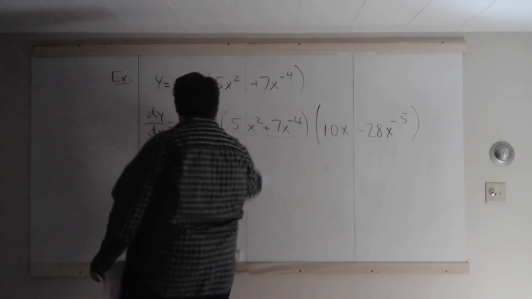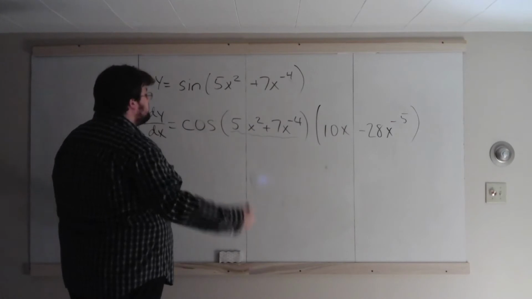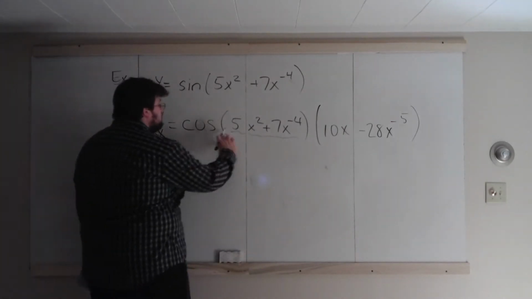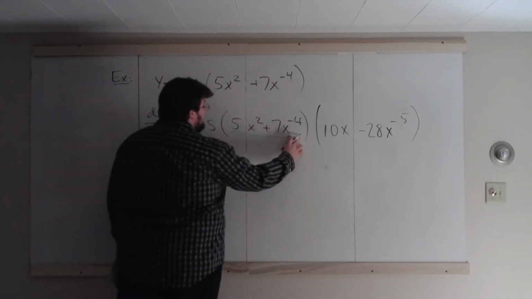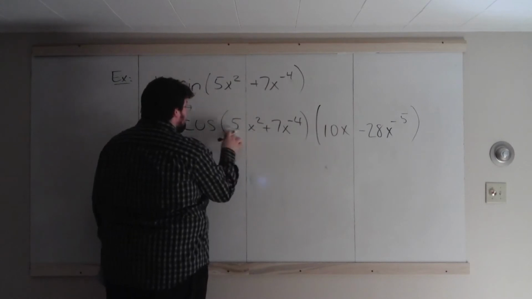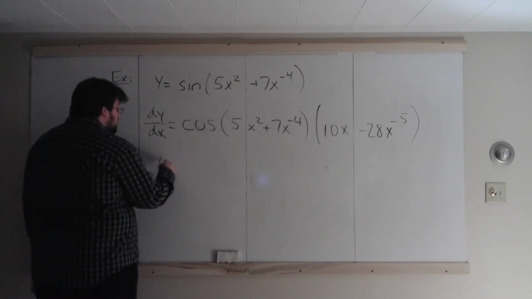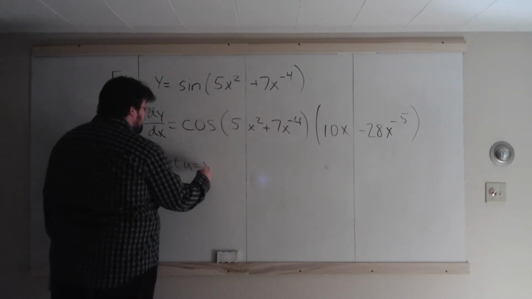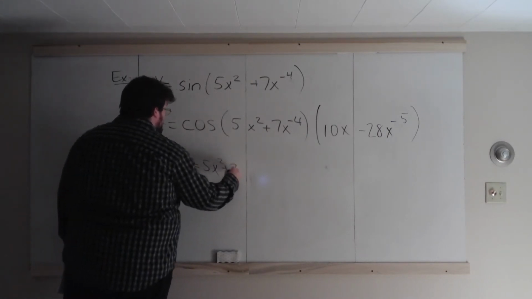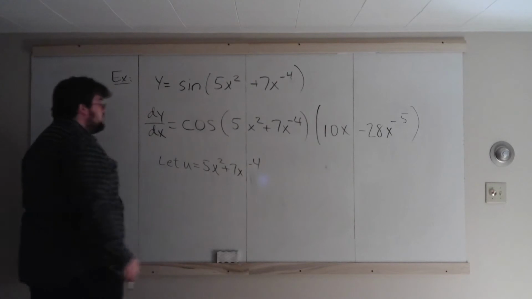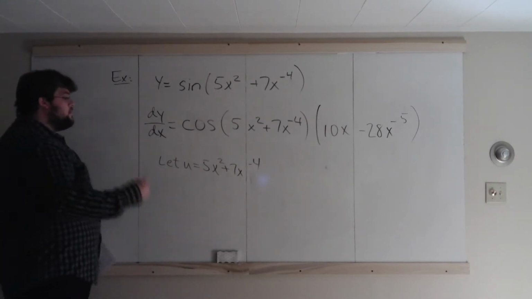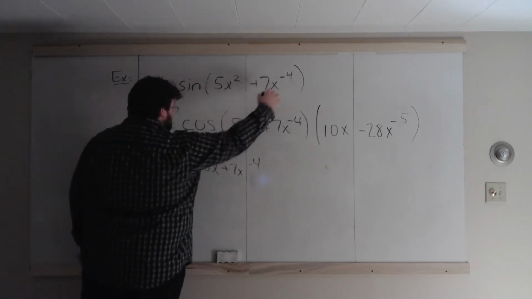So we have a sine function. To start with, the derivative of sine is cosine. Leave the inside alone. Multiply by the derivative of that inside. If you wanted a u substitution, since it's a sine of something, the u substitution would be u equals that inside.